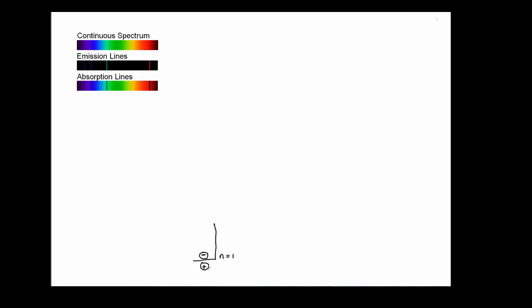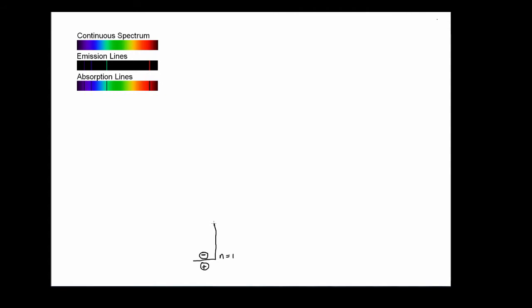Now, when I say that you can just extend the model to the other atoms, what I'm saying there, to be clear about it, is extending the idea that electrons have only specific energies that are allowable, and electrons do not exist between those allowable energies. And again, I'm going to use a ledge cliff system to describe that.